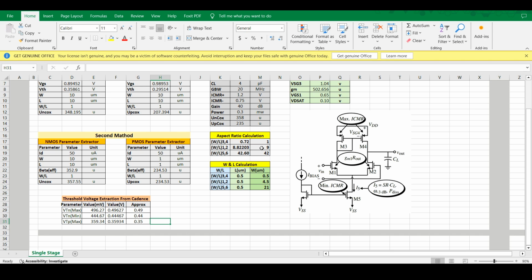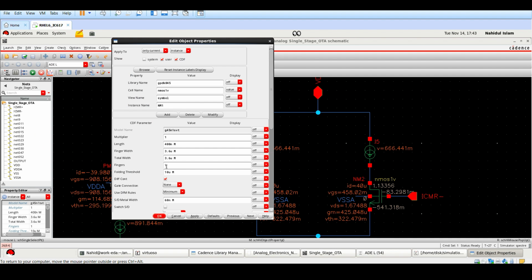You can see the W by L ratio is 9. If I set the same length, 500 nanometer or 0.5 micrometer, our width will be 4.5 micrometer.